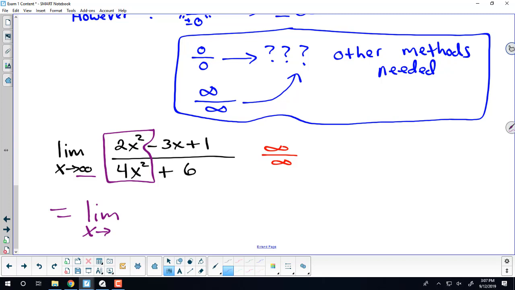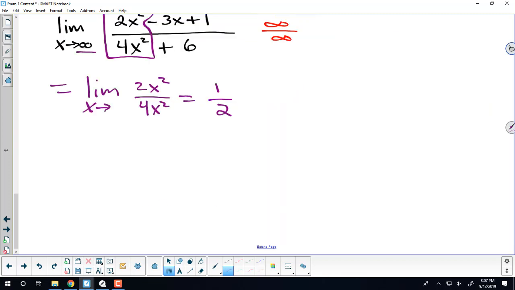What if you have x plus 4 over x? Yeah, same thing. Again, the limit is at infinity. All I need to do is look at the leading term in the numerator over the leading term in the denominator.